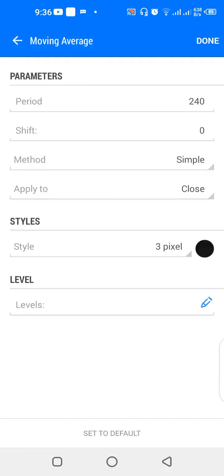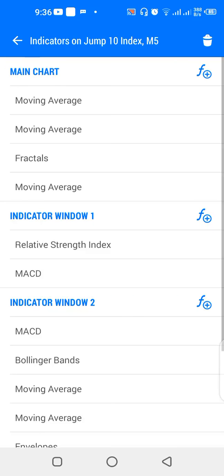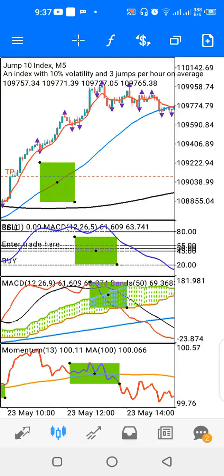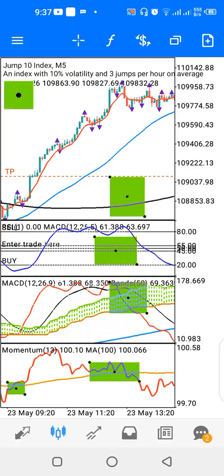Then I have another moving average on the main chart. That's the black line. Remember, the black line, like I said, is for trend identification. If all other lines are above the black line, then I have a bullish trend.